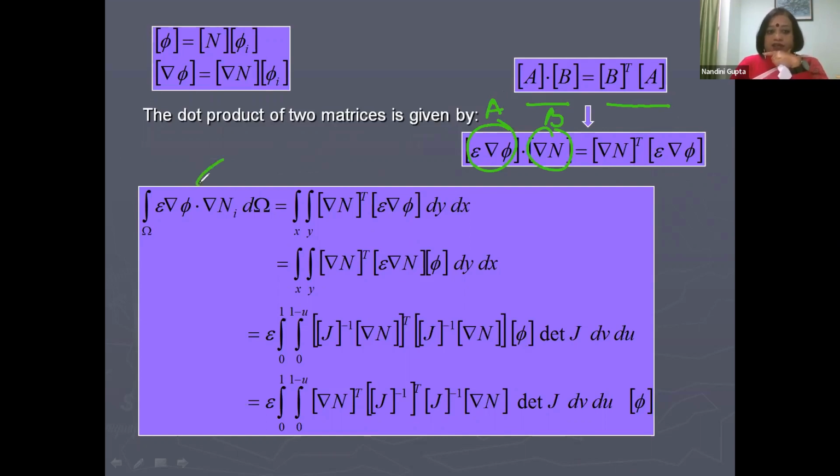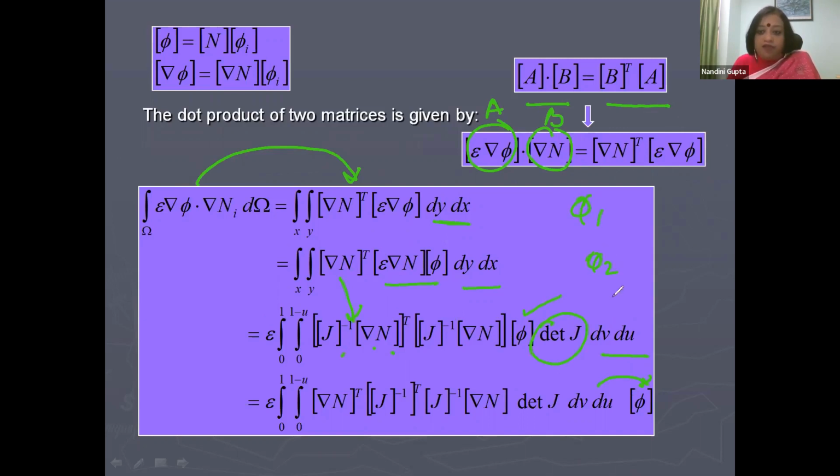So therefore, this integration becomes grad n transpose epsilon grad phi dy dx when the integration is over x and y. Now, if I go from the xy domain to the uv domain, I should not forget det J, which I keep on telling you. Phi remains as before. Grad n becomes J inverse grad n transpose, and this becomes, I've taken epsilon out, J inverse grad n and phi. Now phi can go out as before because phi is a constant quantity.